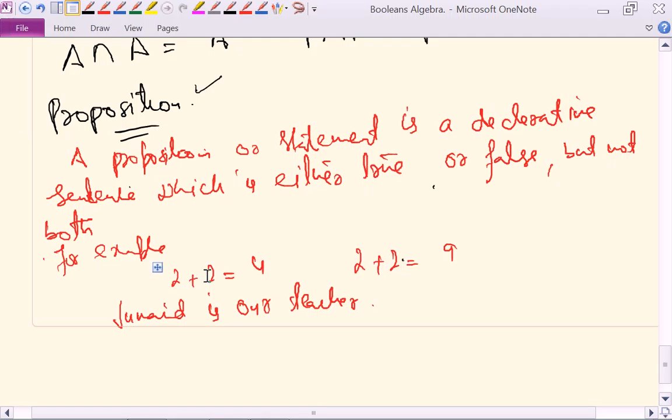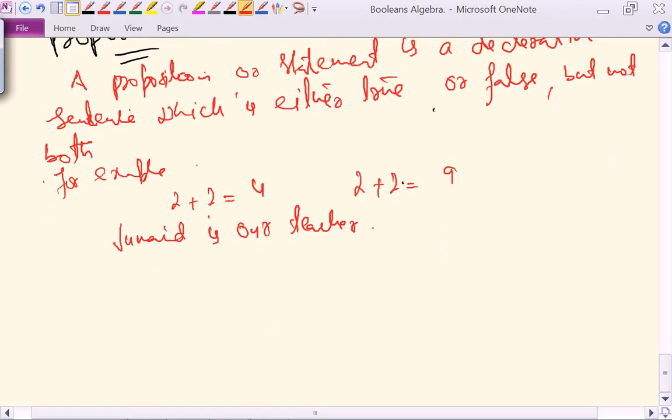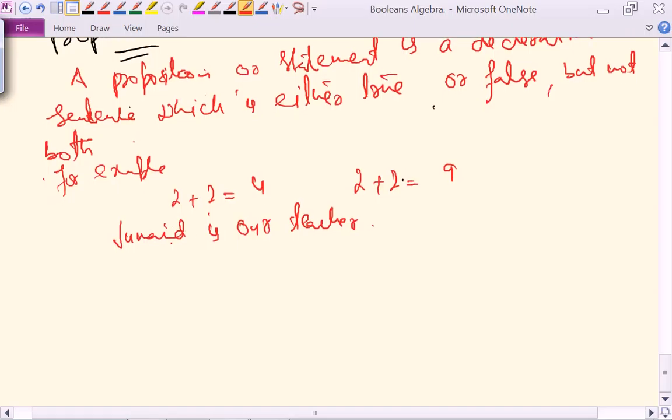Now we represent the simple statements or propositions by letters like P, Q, R, etc. These are called propositional variables.